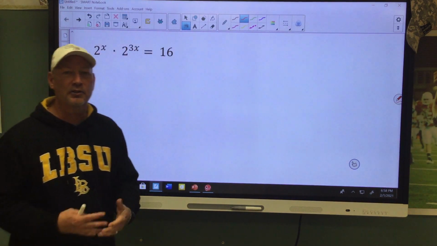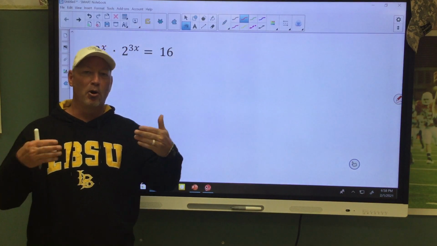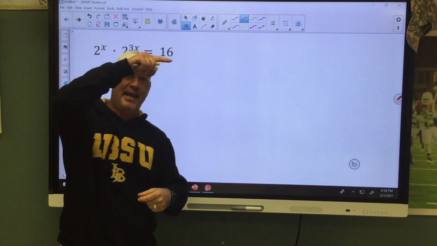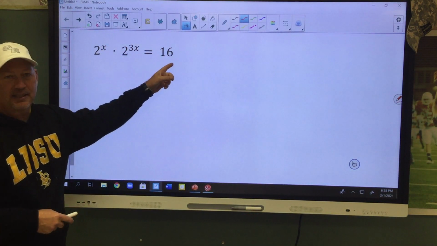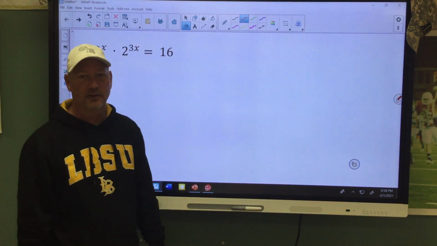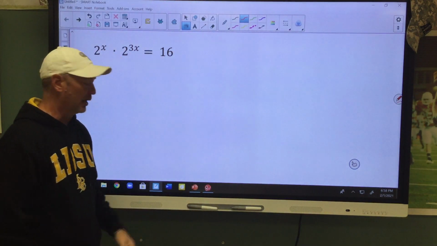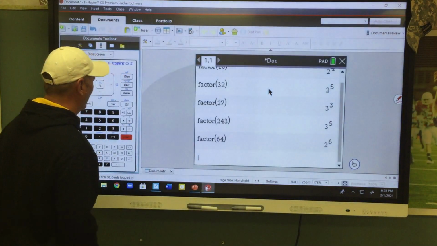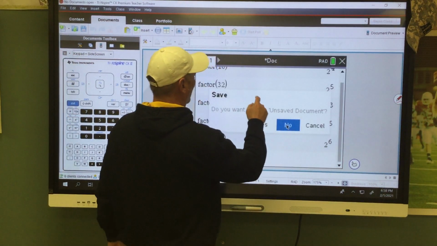All right, so we picked this problem to show you, or to remind you, that when you multiply, you add the exponents. Okay? So, I still need to get the same base. All right? I'm not sure what 16 is. So, I'm going to go to my calculator real quick to show you how to do this with your calculator. Let me get a new document. All right, let's get a blank.